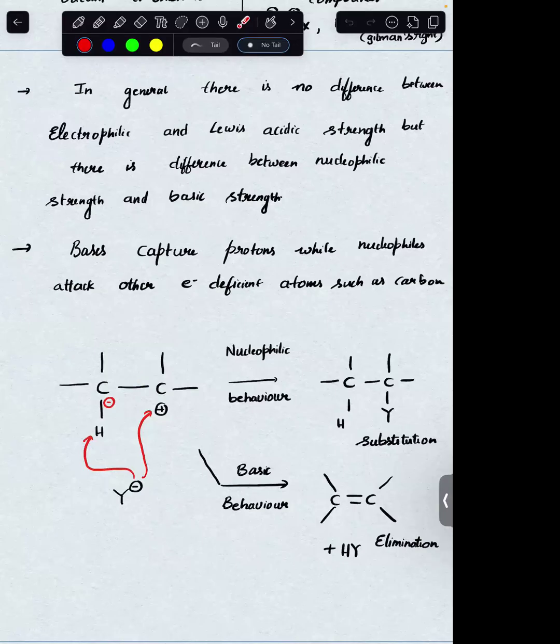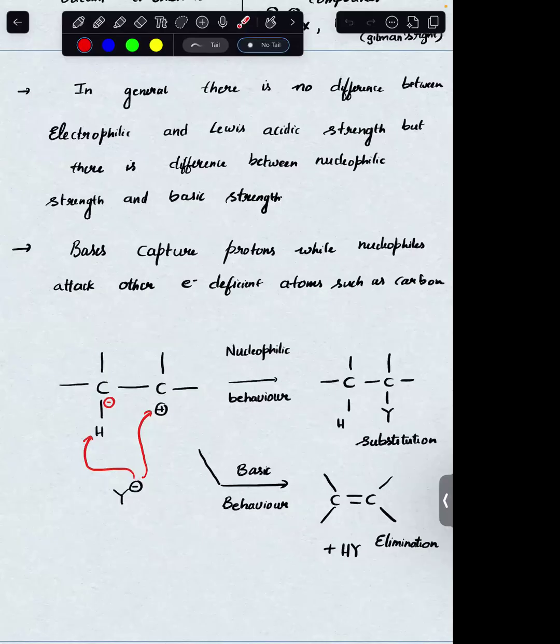So whenever this negatively charged species attacks an electron deficient atom, we call it a nucleophile. But if the same negatively charged species attacks the alpha hydrogen, this hydrogen will be removed as H positive, and this Y negative will be accepting the H positive.